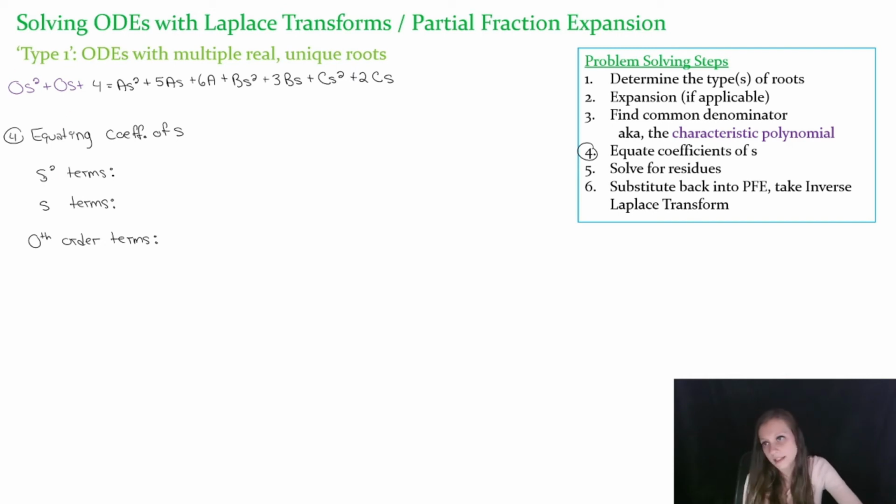So for my S squared terms on the left-hand side, I can more clearly now see that I have 0. And on the right-hand side, I have A, B, and C.